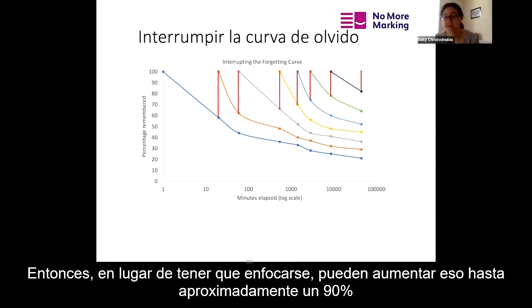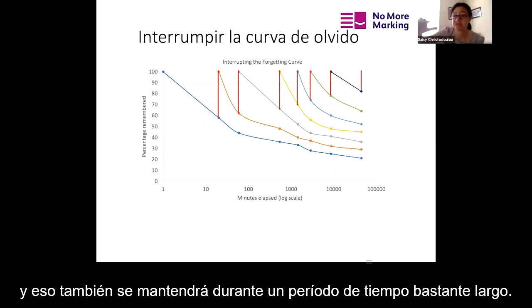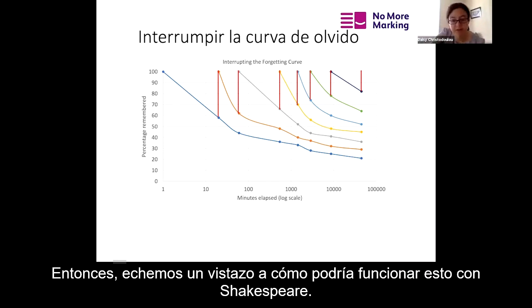So rather than having it decaying down to 30%, you can push that up to about 90% with about 7 or 8 spaced recollections, and that will then sustain over quite a long period of time too.